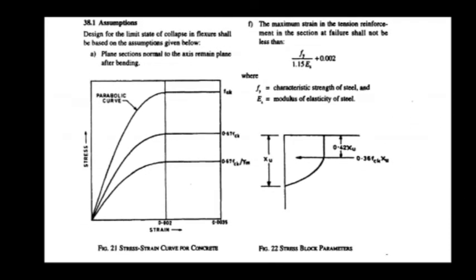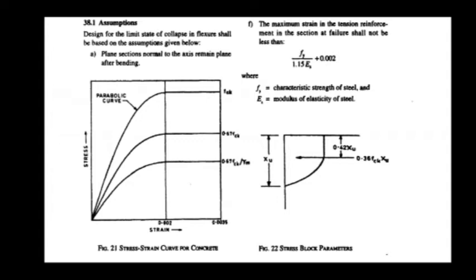Stress is on the y-axis and strain is on the x-axis. There are three curves. There is the maximum limit 0.0035 and minimum limit 0.002. First of all, fck has to be multiplied by 0.67. See the second line from the top.